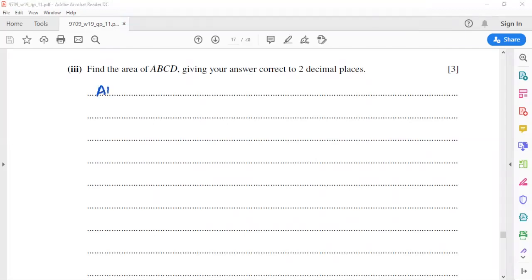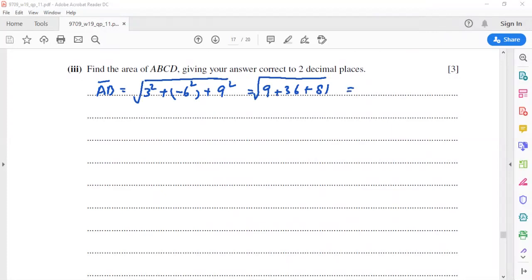So AB length is the square root of 3 squared plus minus 6 squared plus 9 squared. And this gives us 9, 36 and 81, which is the square root of 126.